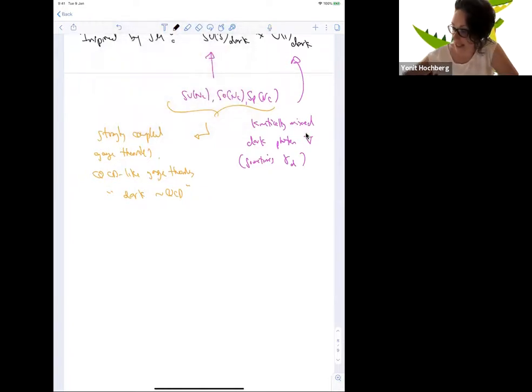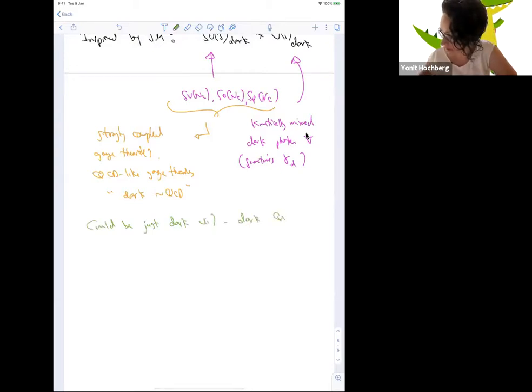So as I said, the simplest thing could be just the dark U(1). Think of this as a dark version of quantum electrodynamics, which has a dark photon and some dark particles that are charged under it.